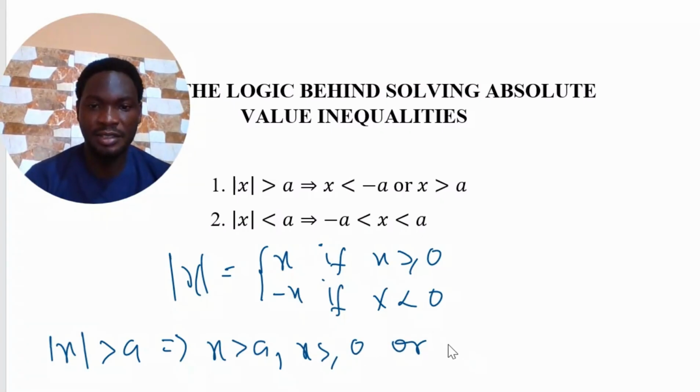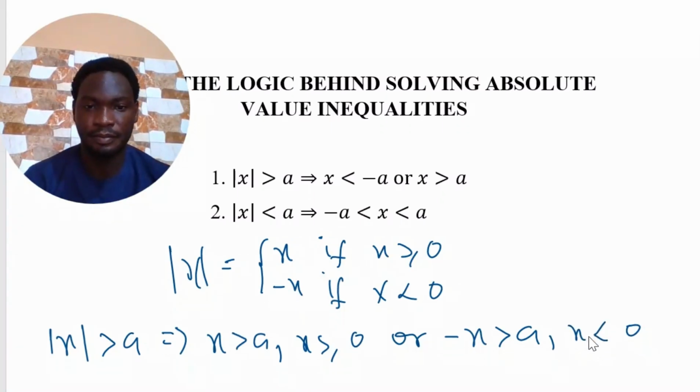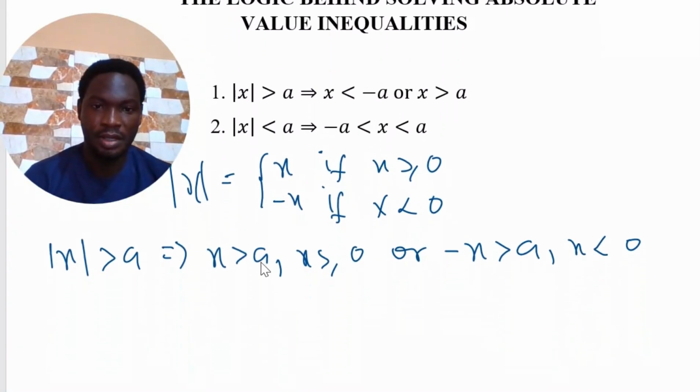In the other option, minus x is greater than a where x is less than 0. This comma means and, and the and means intersection.